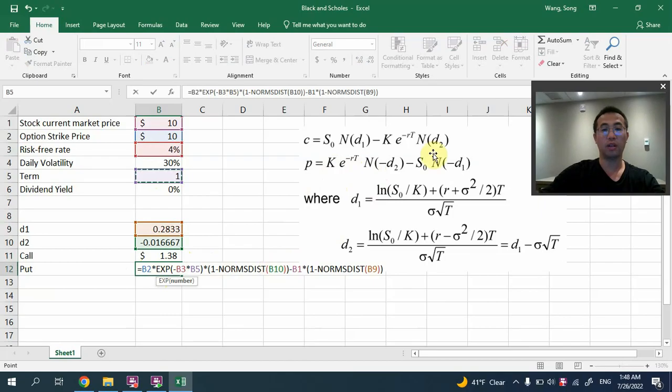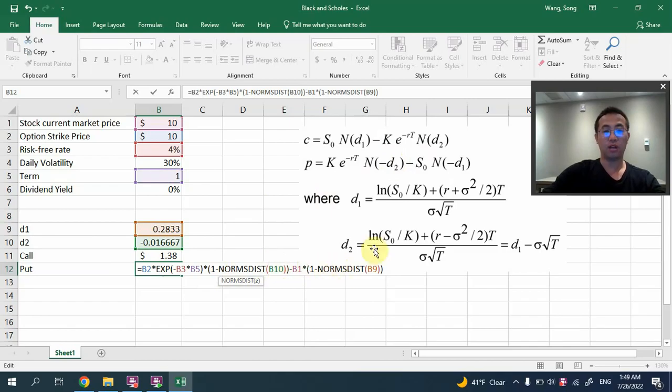So it's very important, when you have the negative threshold, you don't put a negative B10 or negative D2 there. B10 is the D2 I have calculated. You don't do that. Instead, you use 1 minus this normal distribution of the same Z value, D2. That's how we do it.